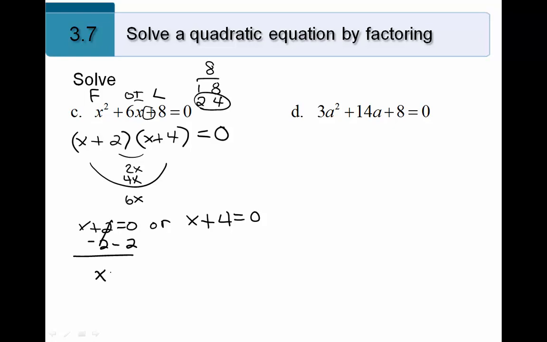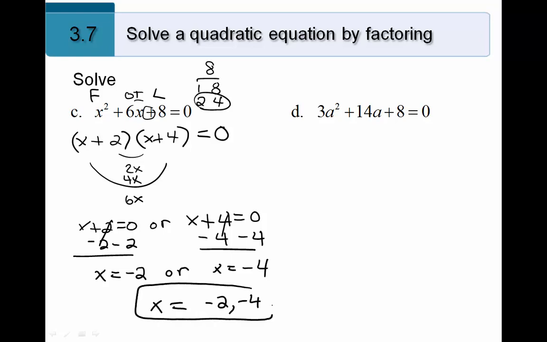So that means x is equal to -2. Or if x plus 4 is equal to 0, I will subtract 4 from both sides, and that will mean x is equal to -4. So my solutions: x is equal to -2 or -4. Those are the two solutions.